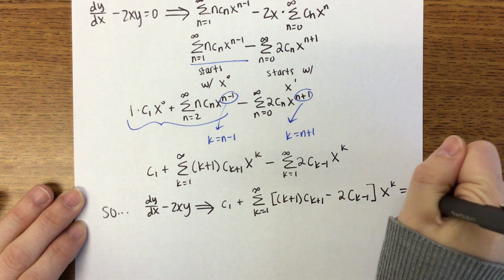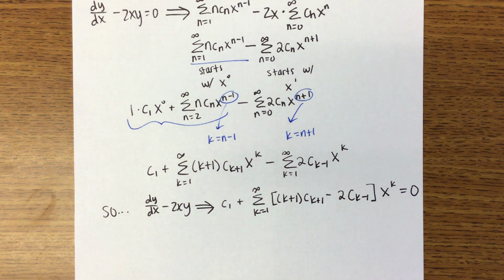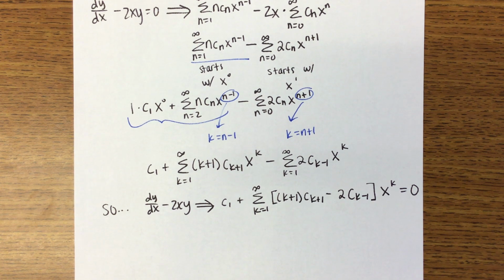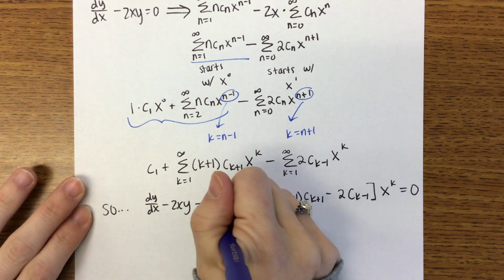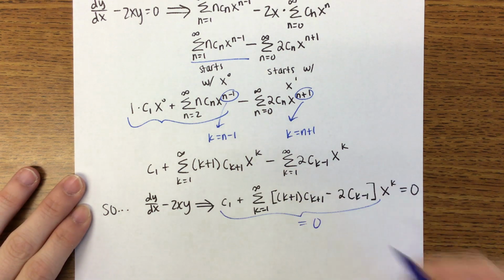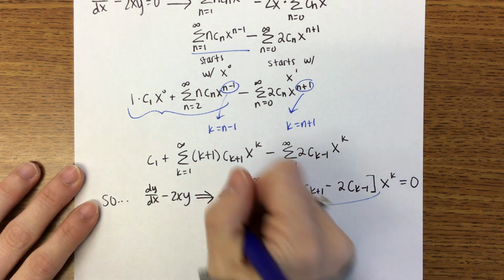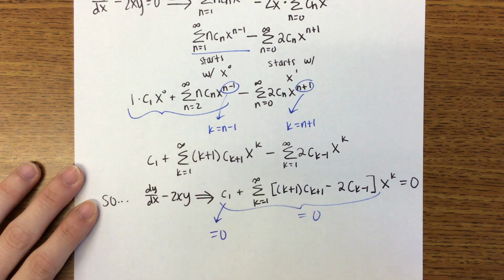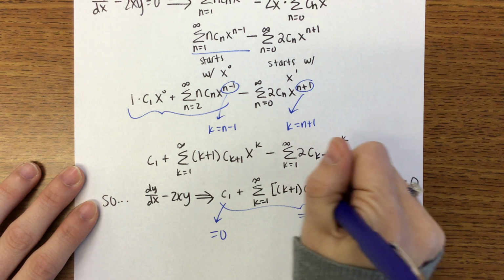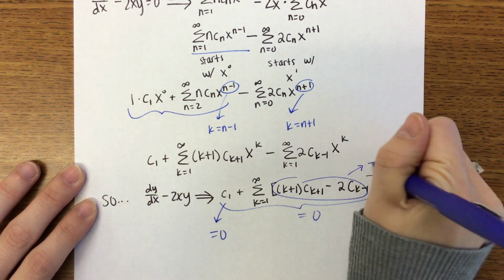And if we remember, the differential equation is set equal to 0. If this is set equal to 0, we need all of our terms to be 0. So we're going to set this equal to 0. What that means is that this term is equal to 0, and that term is also equal to 0.